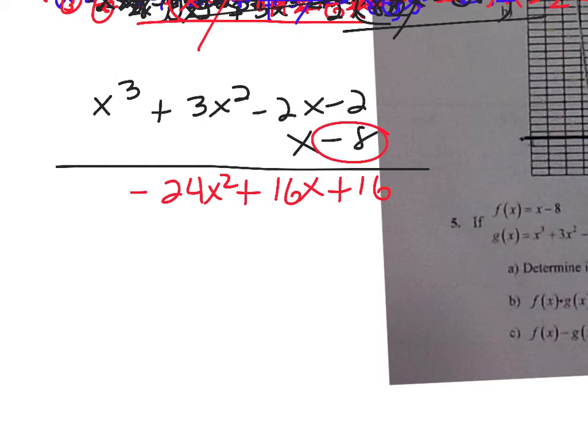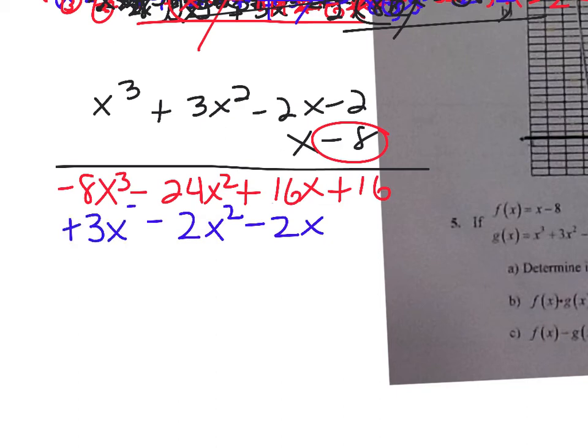Negative 8 times x to the third is negative 8x to the third. All right, now we're going to want to multiply x. x times negative 2 is negative 2x. x times negative 2x is negative 2x squared. x times 3x squared is 3x to the third. x times x to the third is x to the fourth.